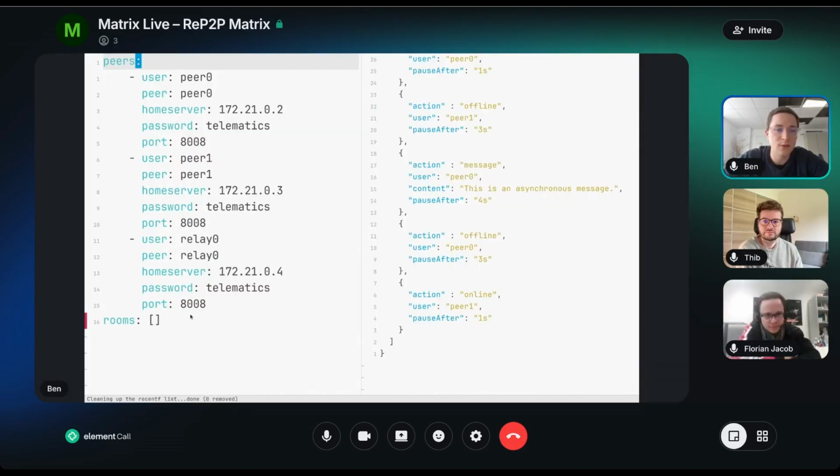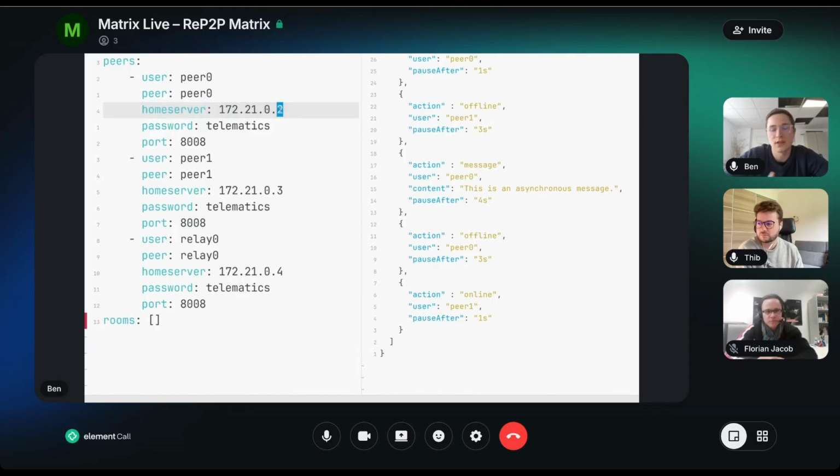On the left side, we can see a simple YAML configuration file. So what we want to do is configure an experiment where we can send some message in an automated way in a Matrix room. So in this example, we have the user, peer 0, and a home server. And in the P2P Matrix world, often the home server moves to the end device.